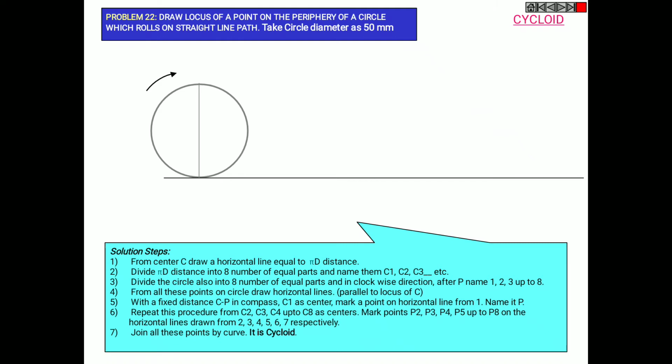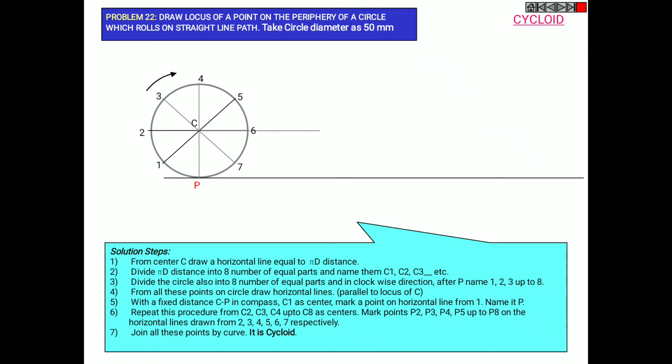Similarly to the circle, divide the circle also into 8 number of equal parts, and in clockwise direction after P, name 1, 2, 3 up to 8. See 1, 2, 3, 4, 5, 6, 7, 8.